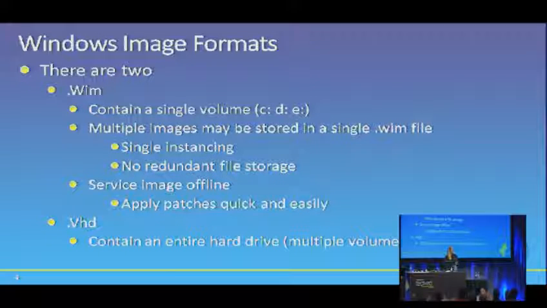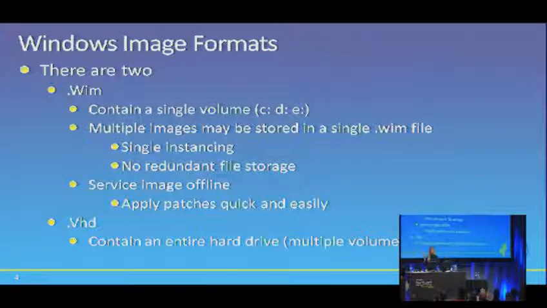You could store that second image file in the first WIM, and something really cool happens. It's called single instancing. It looks at every single file you're going to put inside that WIM. If it already exists, think about the core operating system files, it just puts a pointer to it. It won't store that same file over and over and over again. So that's kind of cool.